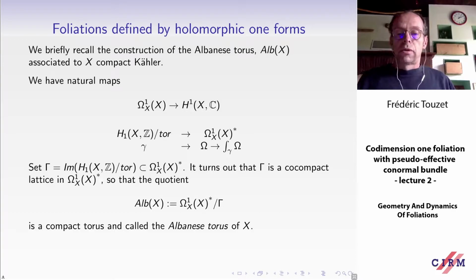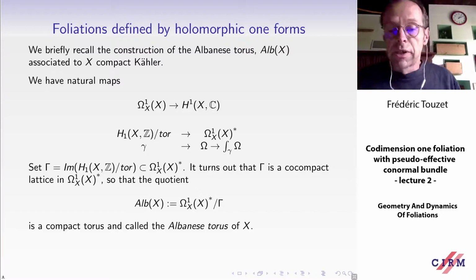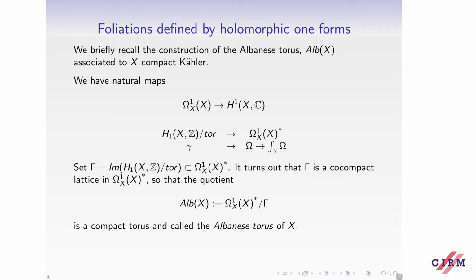And this goes as follows. By d-closedness of holomorphic one-forms, we have a natural map from the space of holomorphic one-forms to the first cohomology group with values in C. Indeed, by Hodge decomposition theorems, the space of one-forms has half the dimension of H1.